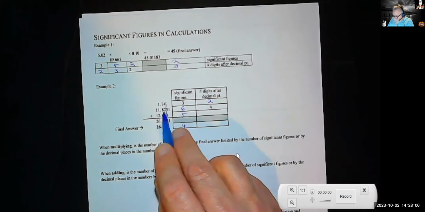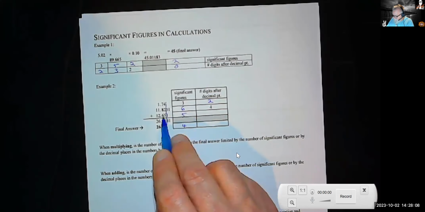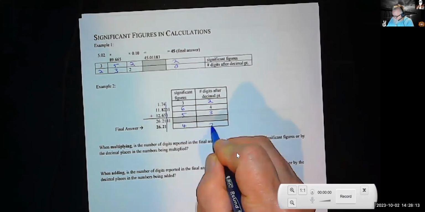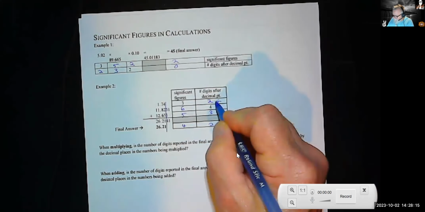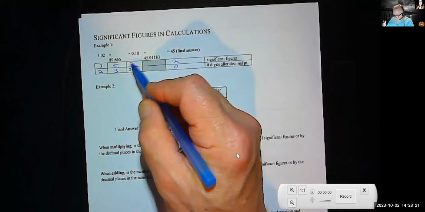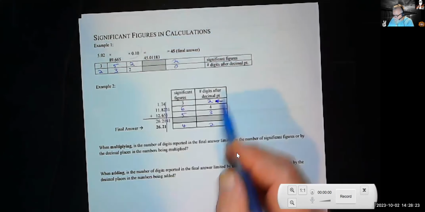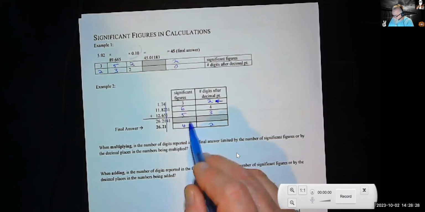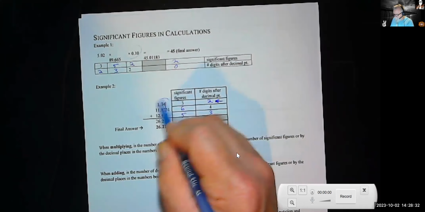Here we have 4: 1, 2, 3, 4. Here we have 3. And so our answer will have 2, just like this one here, right? So the number of significant figures was 2 here because of this one. And our answer had 4 significant figures, but that was because of the number of decimal places, which was due to this number here.